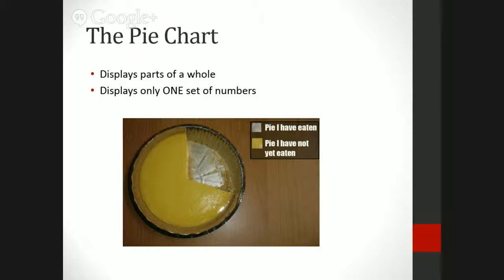I don't care if I have 3,485 widgets left. I just need a general number, okay? So that's why I use a pie chart. This is how much money we made out of $4 million. Right here is what we spent, our overhead, and this is our profit. Pretty good.